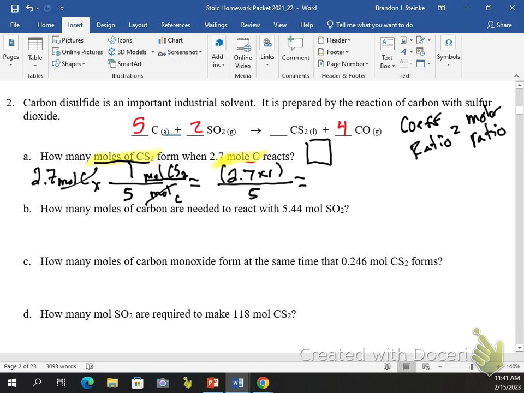Now, when I do that, and this is going to be a common theme, I'm not overly concerned with your answer, because if you can use a calculator the right way, then that's not the skill. I'm more concerned that you're setting this up right and then using correct sig figs. So how many sig figs are in 2.7? 1, 2, and this should be moles. If I just put mole there, why am I going to count it wrong?